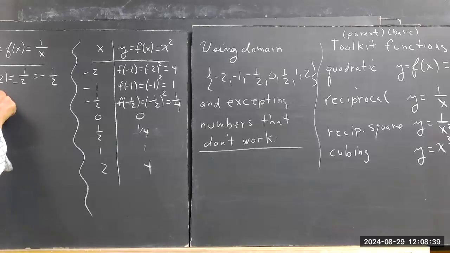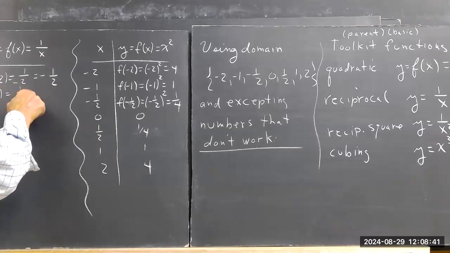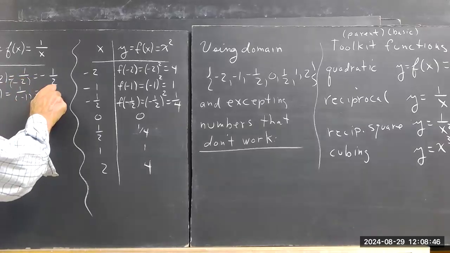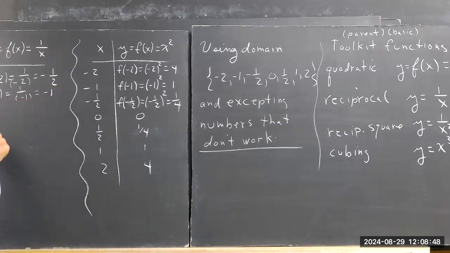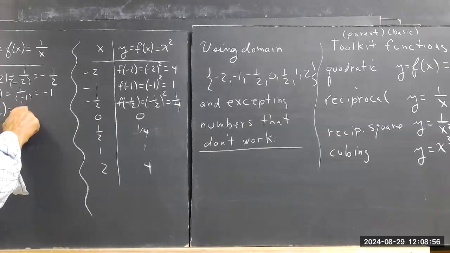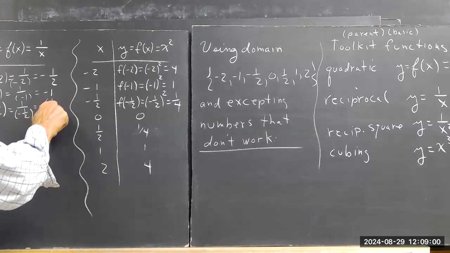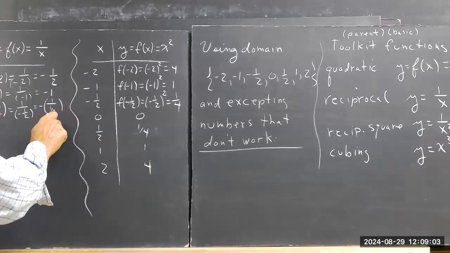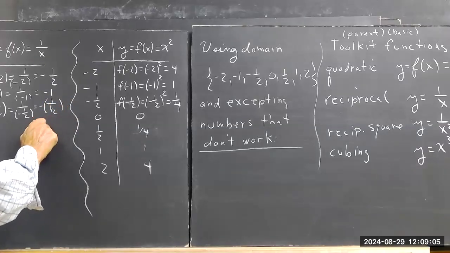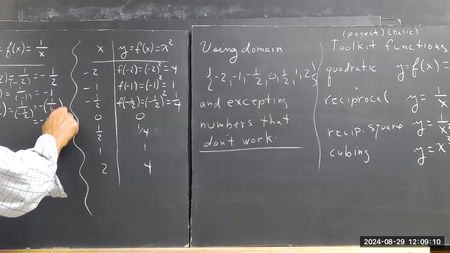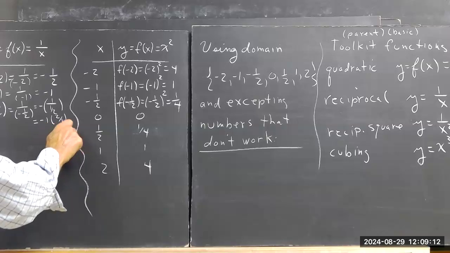Okay. Yeah, f of -1 equals 1/-1. I should probably put parentheses around this, but that's -1. f of -1/2 equals 1 over -1/2, which is negative of 1 over 1/2, which equals negative of 1 times 2 over 1, which equals -2.